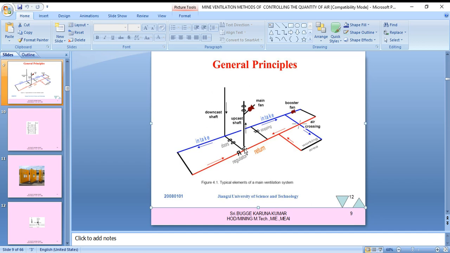So this is the regulator. This is a stopping. These are the doors. This is the crossings.